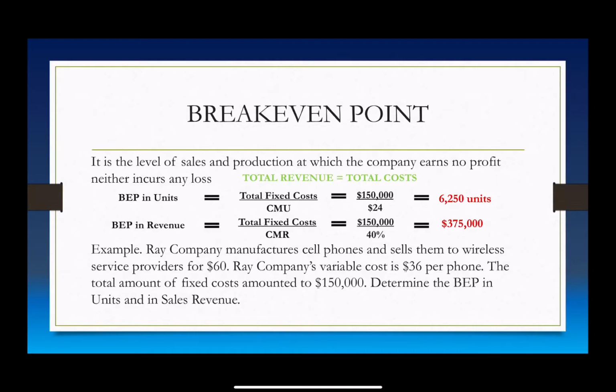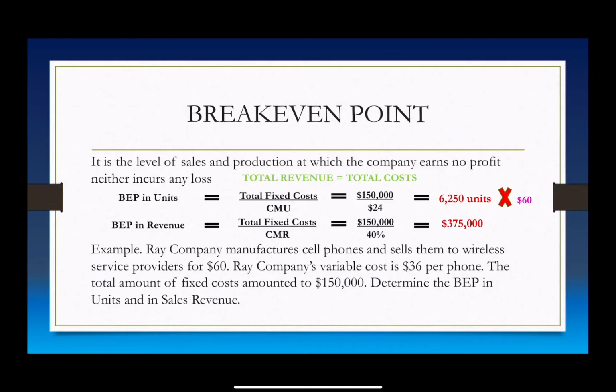However, you don't need to solve for the two. If you have computed the break-even point in units, all you have to do is convert this to determine the break-even point in revenue. Example, 6,250 units. You multiply it by the selling price of $60 and you will get the break-even point in revenue. 6,250 times 60 is $375,000.